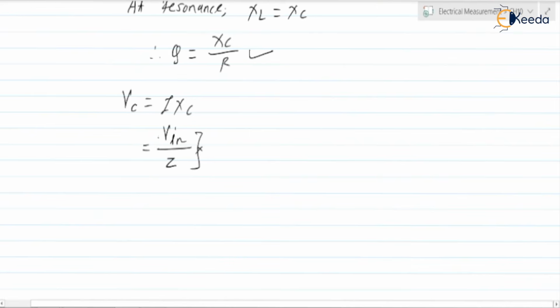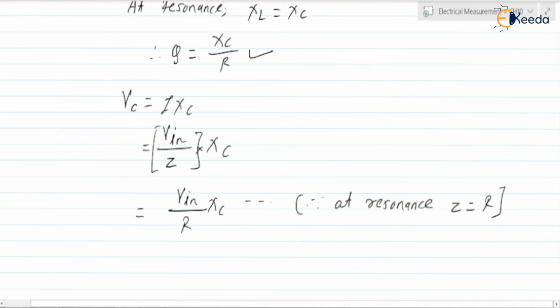So this is V in divided by R, into XC, because at resonance the impedance is only resistance.